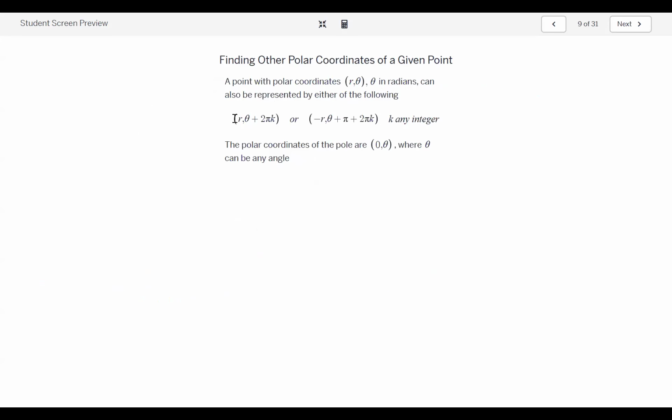So if I have a radius and my theta, and it could be any plus 2 pi k, an equivalent point, if I change the radius to negative, would be to have the angle plus pi, and then it could be plus the 2 pi k.